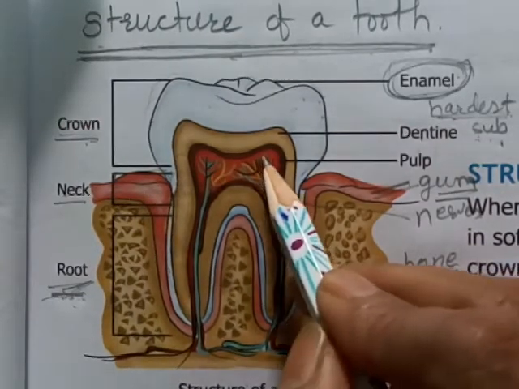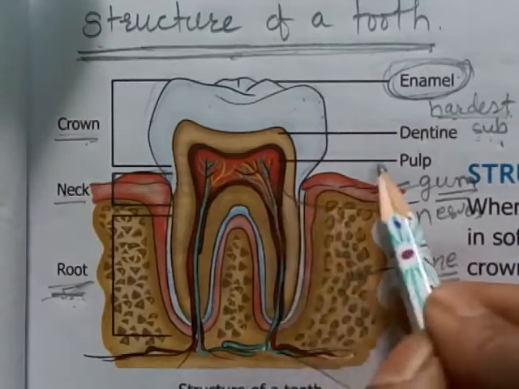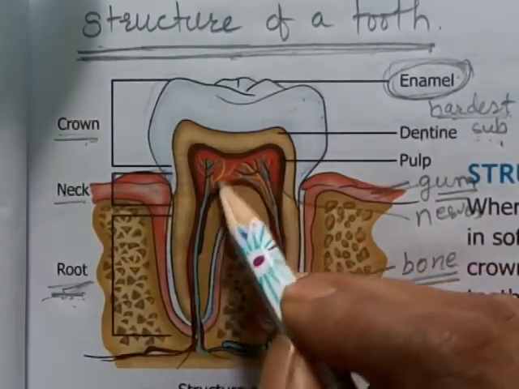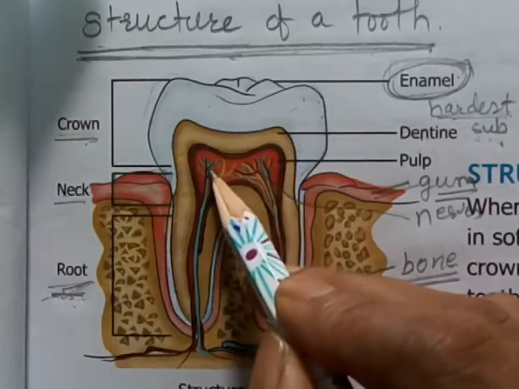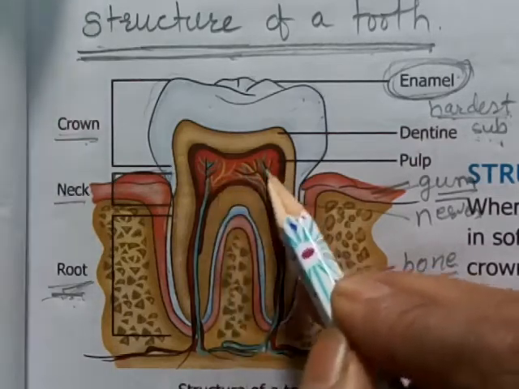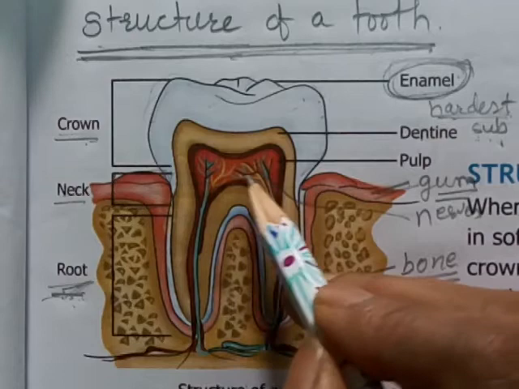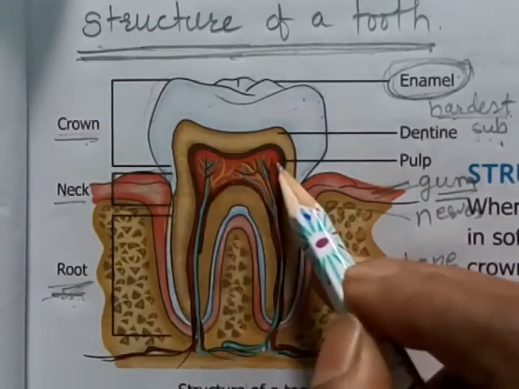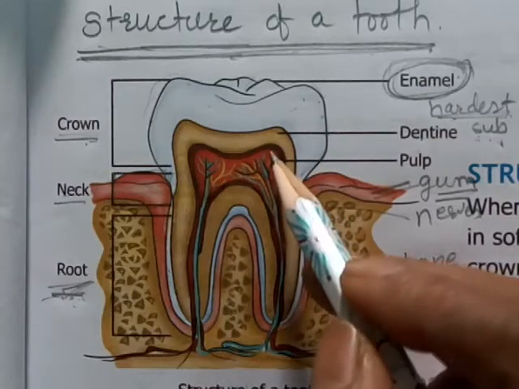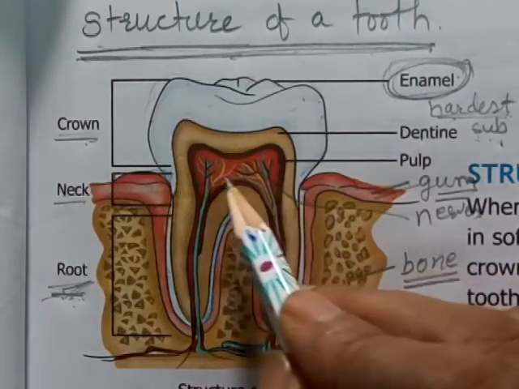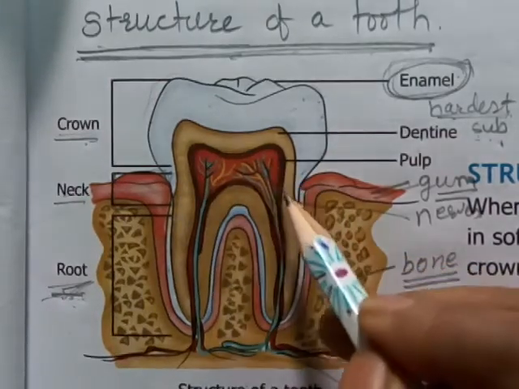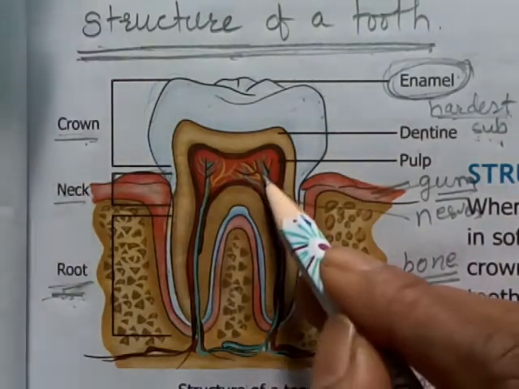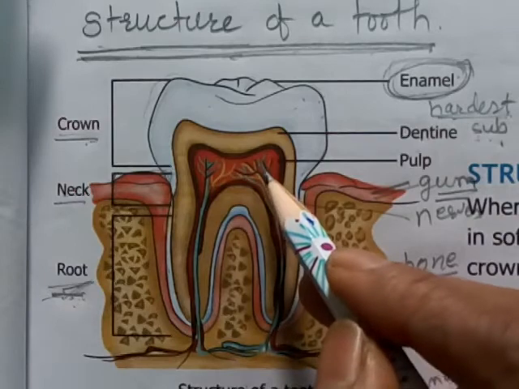Okay, this pulp has nerves. What does this pulp contain? This pulp has nerves. You can see these yellow, blue and green lines here. These are the nerves that carry messages to the different parts of the body. Then they also contain blood vessels, which supply blood to the gums.